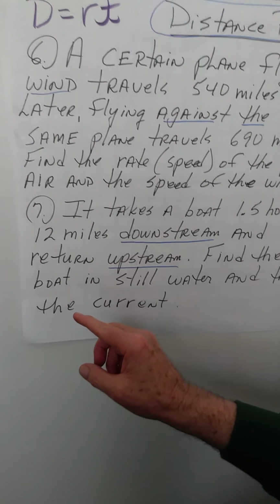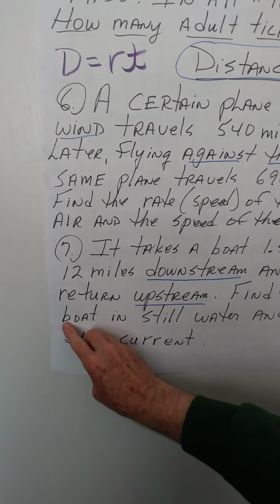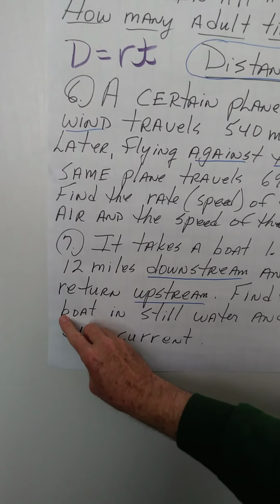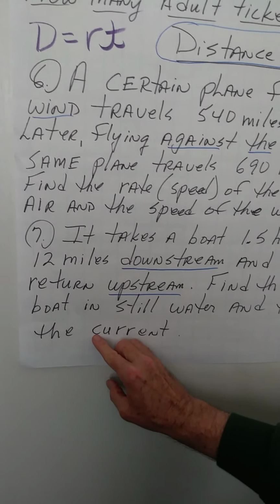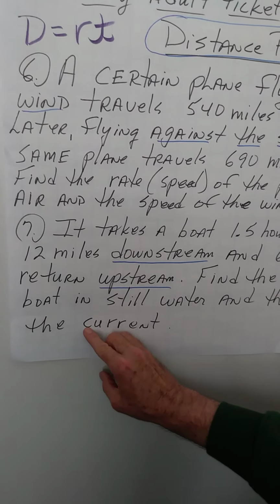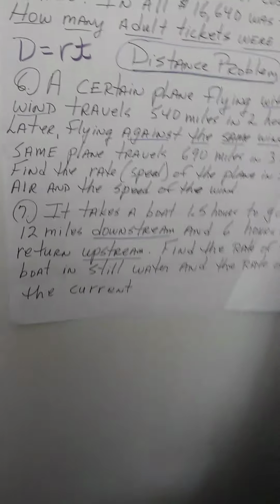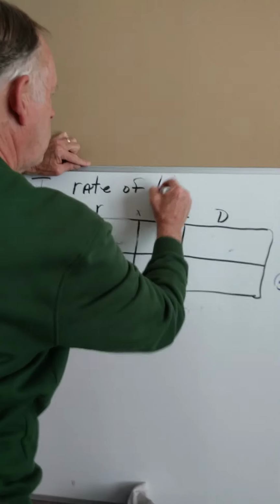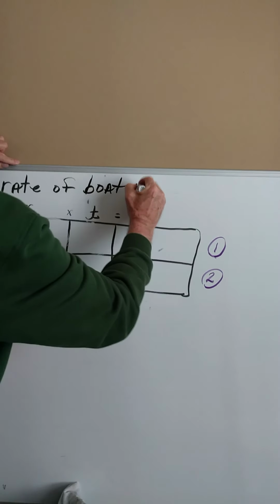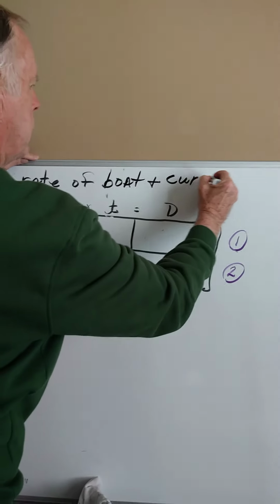Here's the variables I'm going to use. For the speed or the rate of the boat, I'm going to use B. For the speed or the rate of the current, going to use C. The second and the third letters of the alphabet, B and C. Step number 1, we need the rate of boat and current.